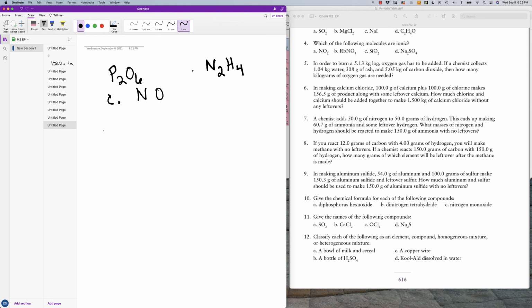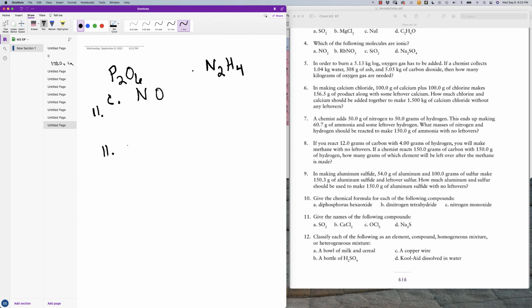Okay, so number 11. Let's go down a little lower. It says give the names of the following compounds. So here we've got SO2. S, when we go to the periodic table, is sulfur. O is oxygen.